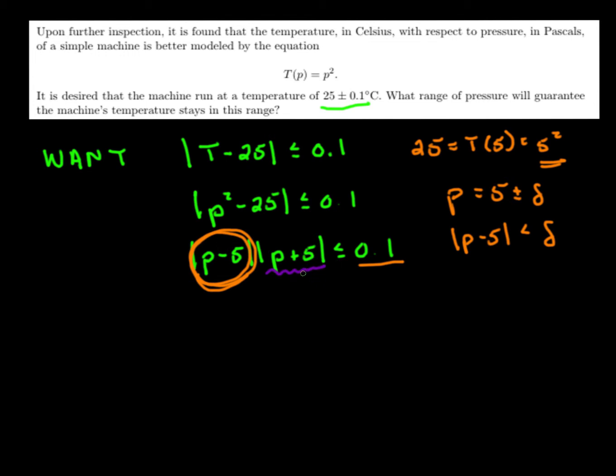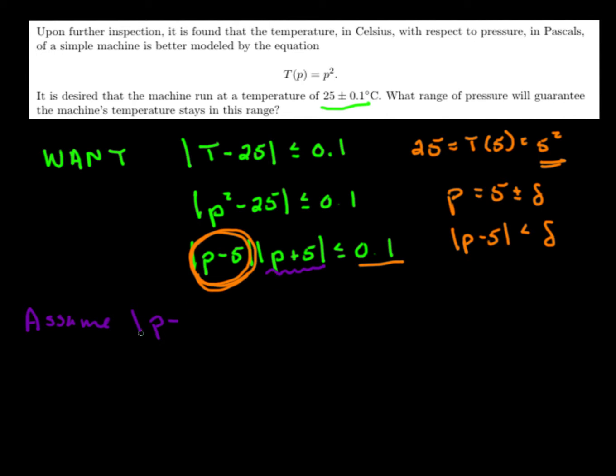I don't know what that is, but I can get kind of a bound on this. So let's assume that the pressure is within at least 1 Pascal of 5.